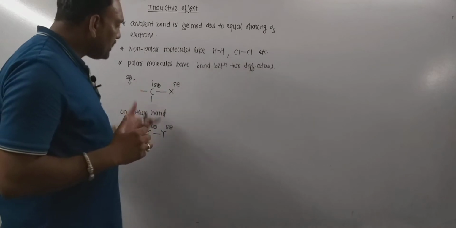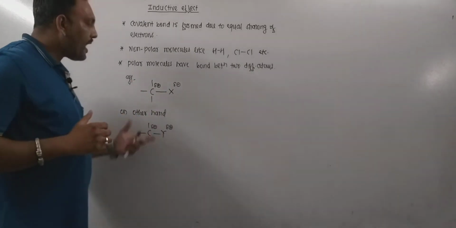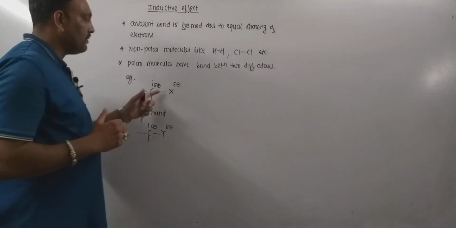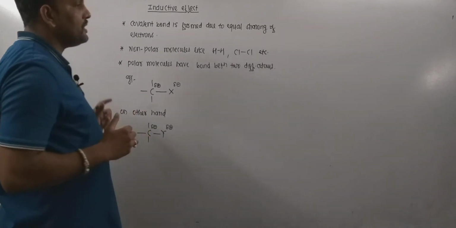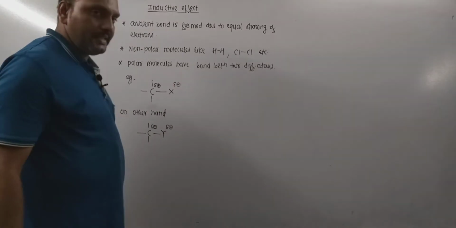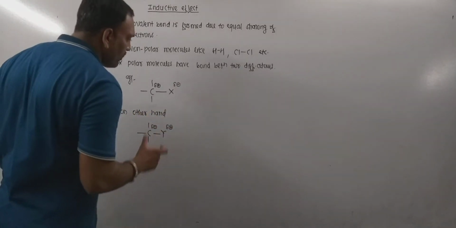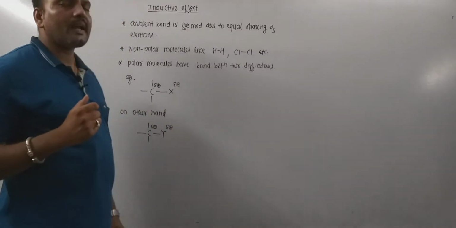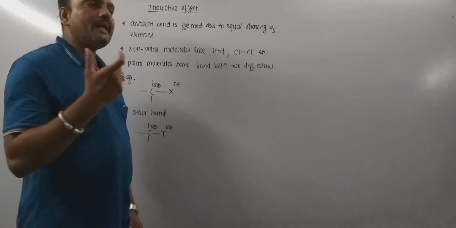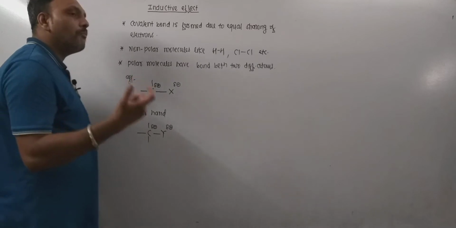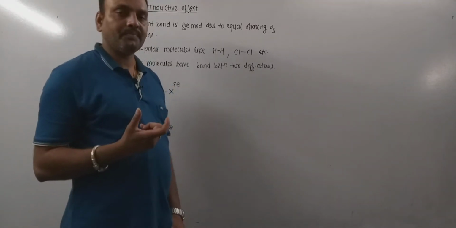So these effects, whatever we have discussed earlier, this type of polarization is a permanent polarization. And remember, this permanent polarization is due to displacement of the electron pair towards the more electronegative atom.